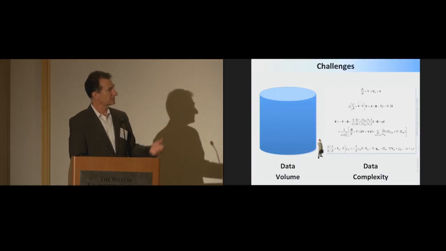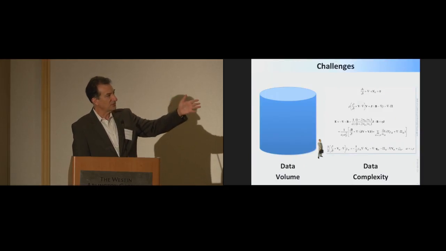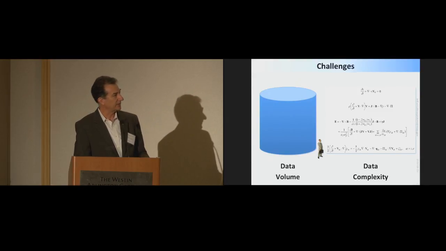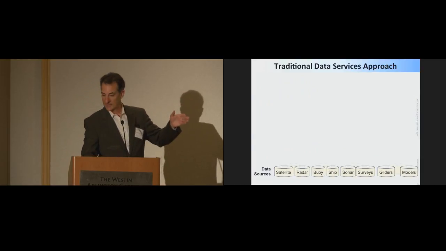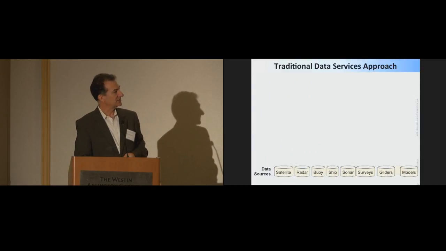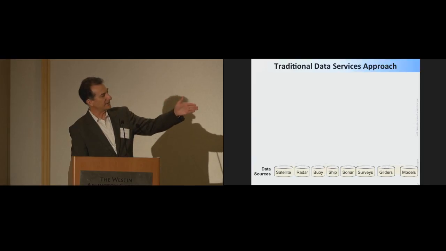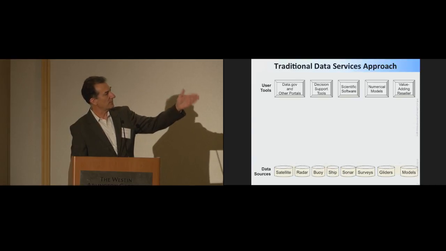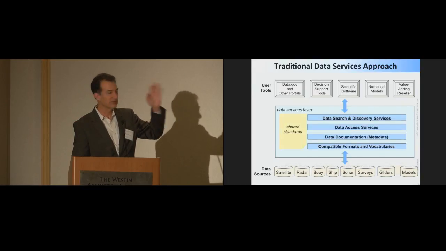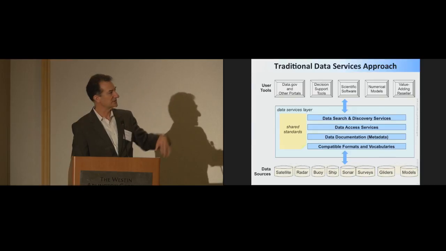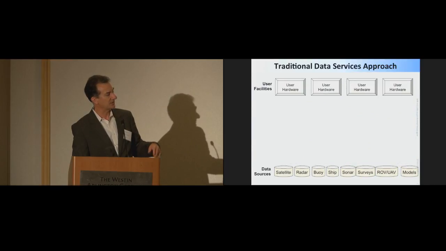So this is good. We've got challenges of data volume and data complexity, represented here by the plasma fluid equations, reminding me why I don't do plasma physics anymore. So traditionally, and I know I've got 1 minute left and 9 seconds, my timer's going too, we've got data from various sources. There are users who want to use data in their tools, and we've been working on a kind of standardized data services layer: data access services, data discovery, and so forth, based on standards, and that's great.